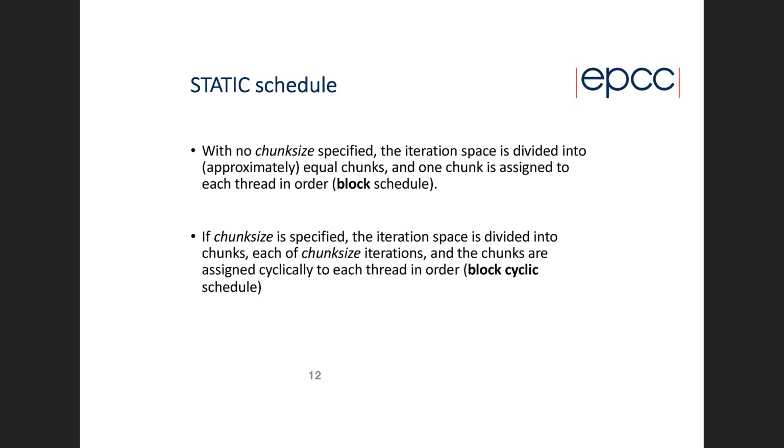So if the iterations have a logical order, the order that they would be executed sequentially, the first chunk of iterations always goes to thread 0, and the next chunk always goes to thread 1, and so on. So there is no ambiguity as to which chunk of iterations goes to which thread. There's just some ambiguity about how the remainder is dealt with.